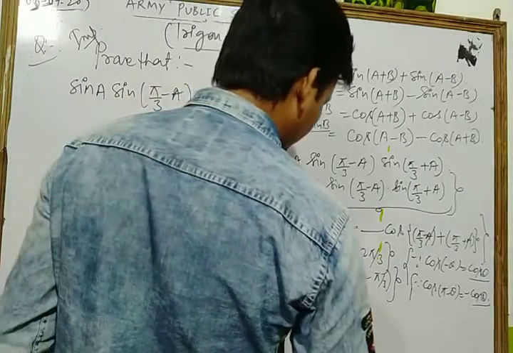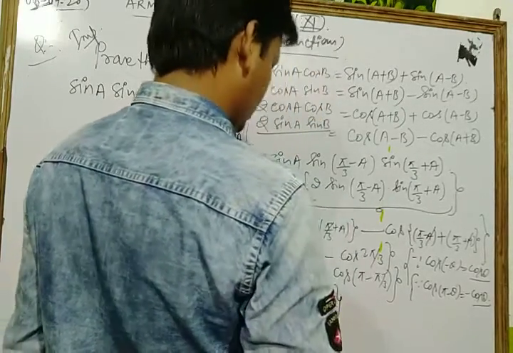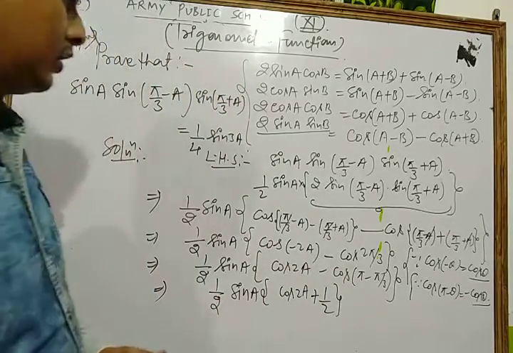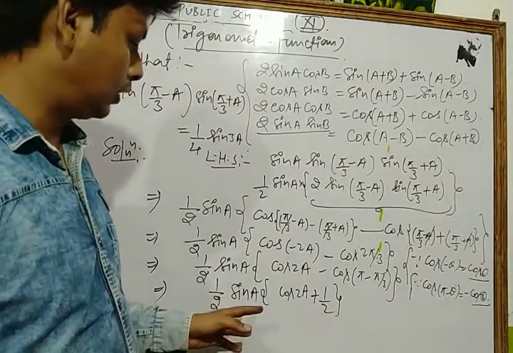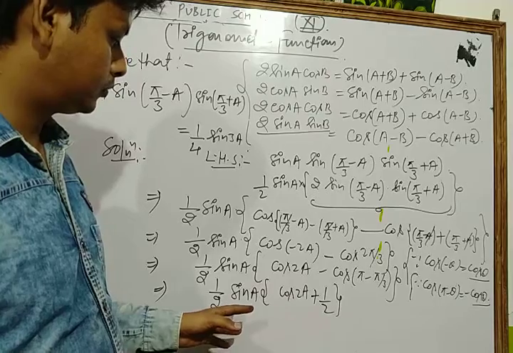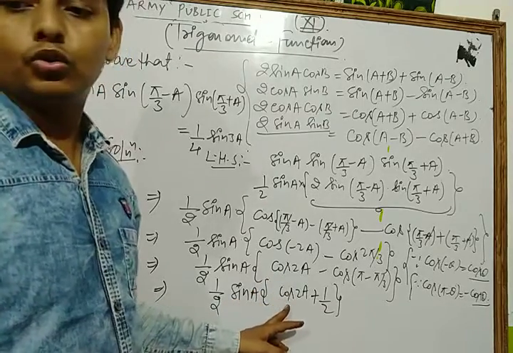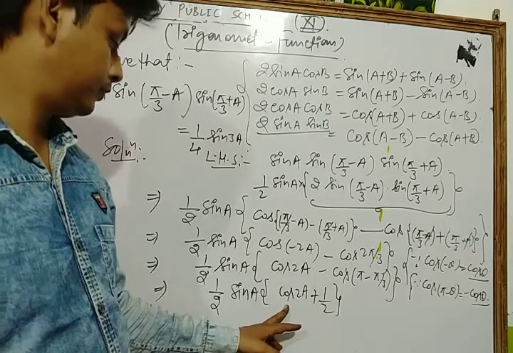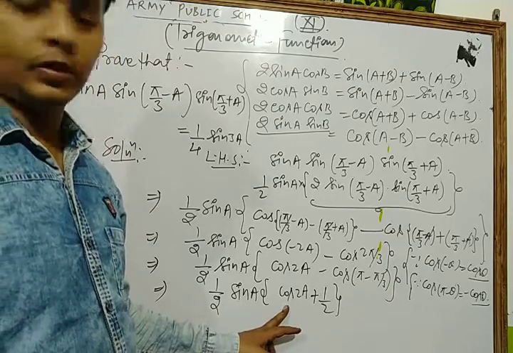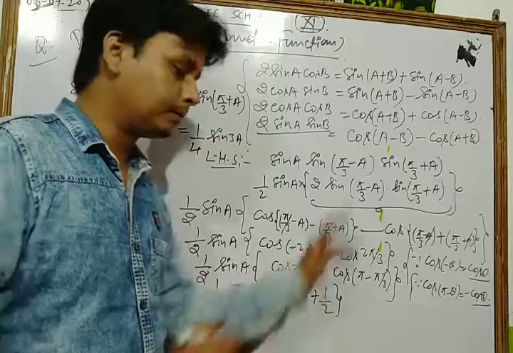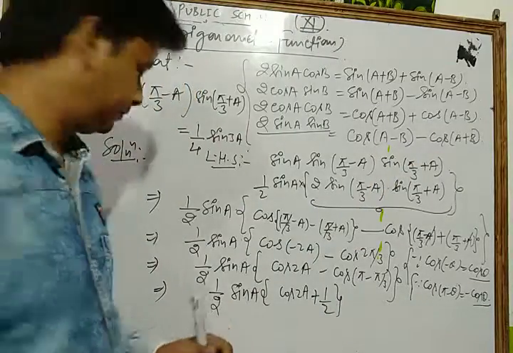So here sin A, and in this bracket we have cos 2A plus 1 by 2.